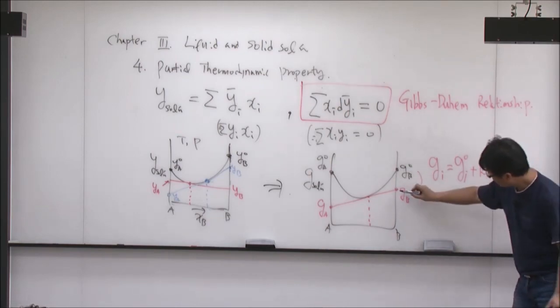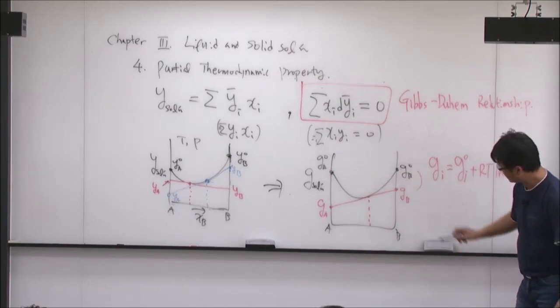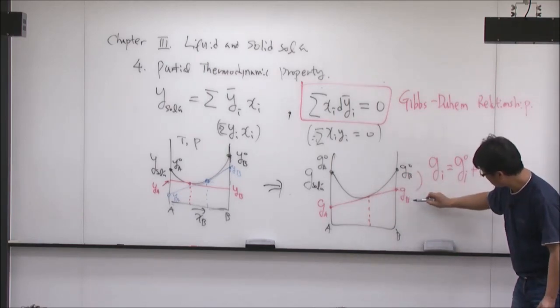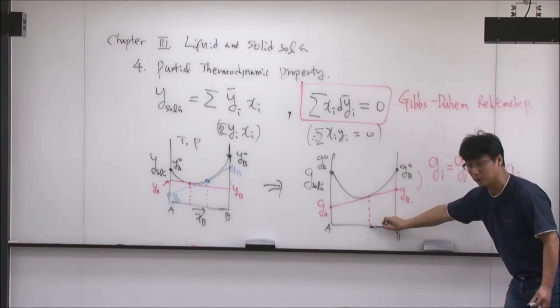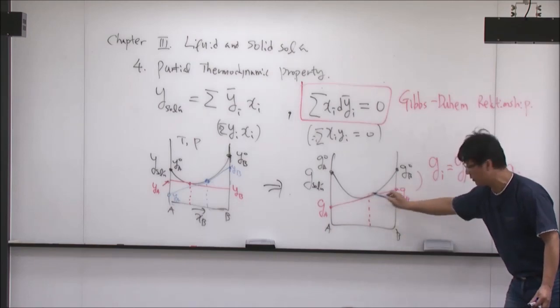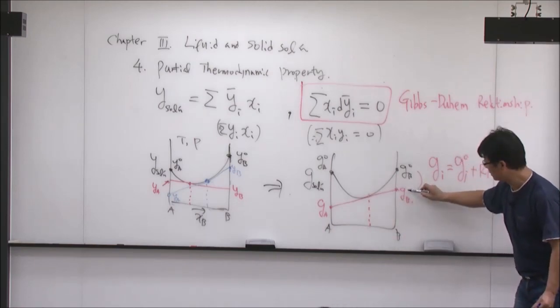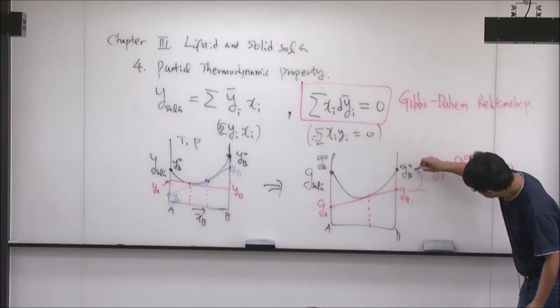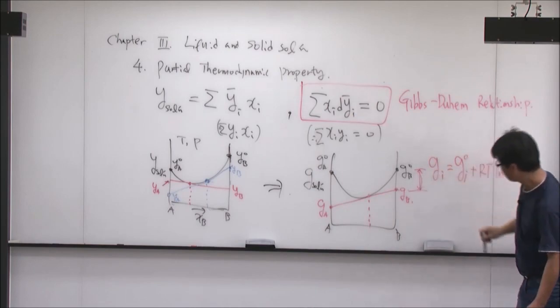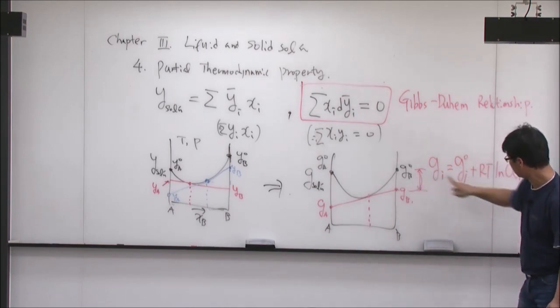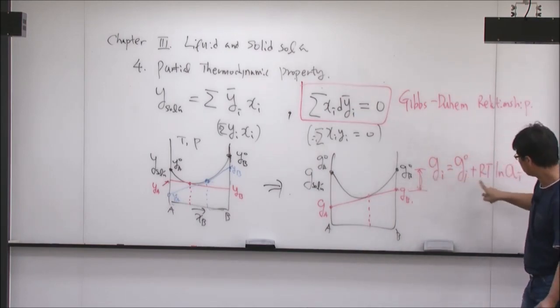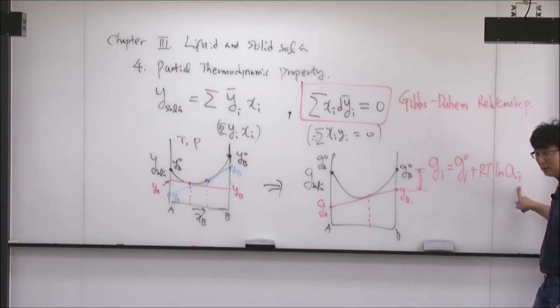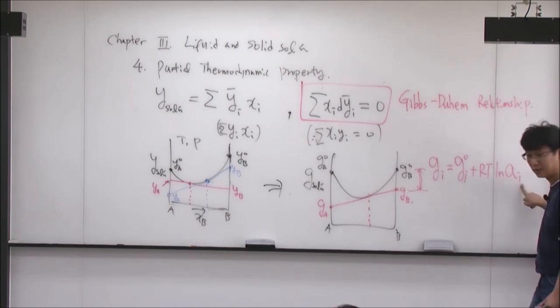From this graph, I know the partial thermodynamic property of B at the given composition of the solution. My partial Gibbs energy of B is this one, and my pure Gibbs energy of B is this one. So this difference: G_B equals G_B naught plus RT ln activity of B. The activity is lower than 1, of course, so this is a negative term.